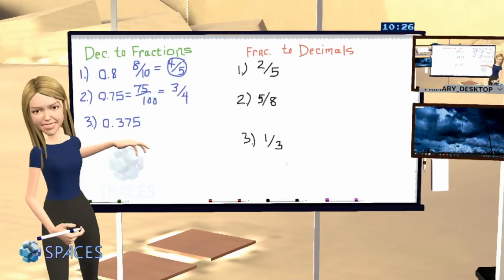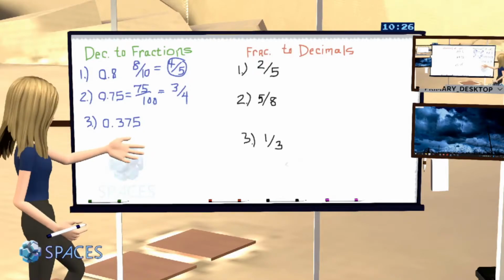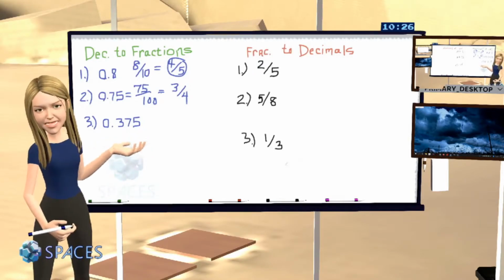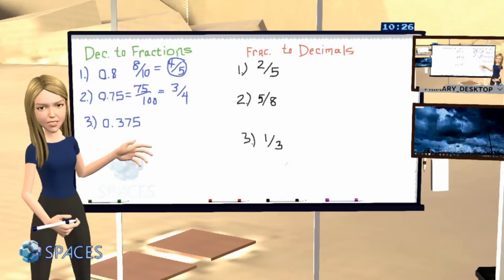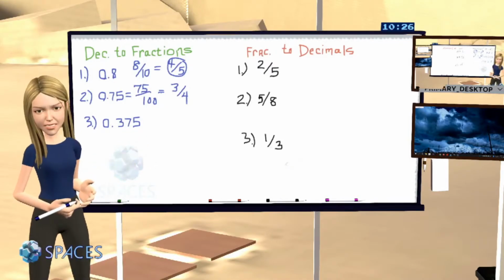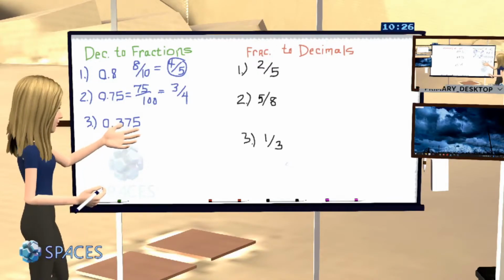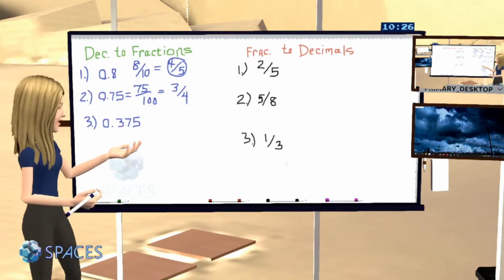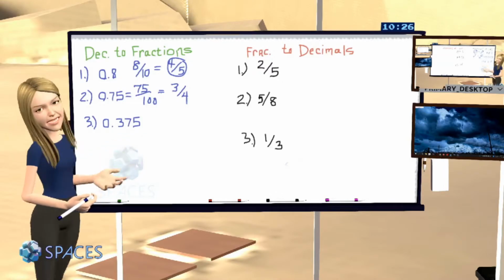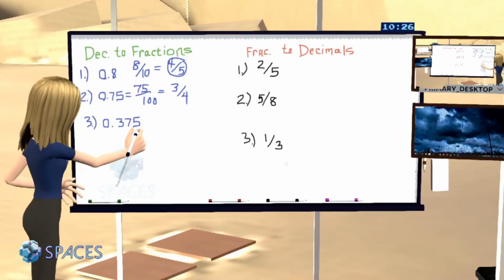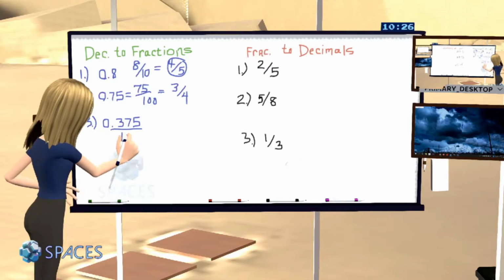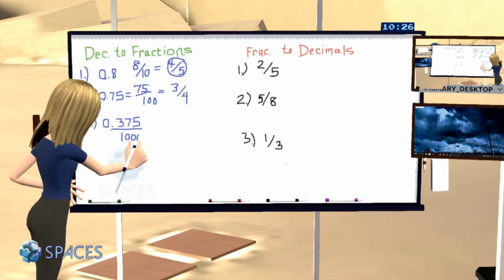All right, this one's going to take us a little bit more math. So we have 0.375. The 5 is in what place? Good, thousandths place. The 3 is in the tenths place, the 7 is in the hundredths place, and then that 5 is in the thousandths place. So we could easily put this over 1,000.